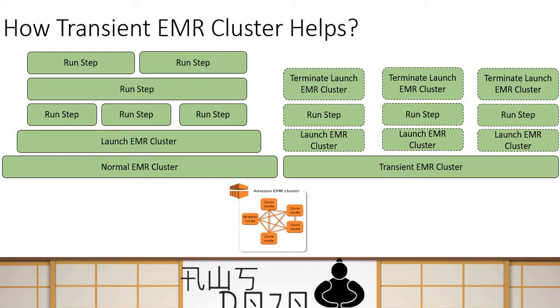But in a transient EMR cluster, you launch the cluster and also define a step at the same time. When you're configuring the cluster, you configure your step also, and then you start the cluster. The cluster starts, runs the steps, and then terminates itself. Configuration wise, it's no different. The only difference is that in transient EMR, you need to have the step configured along with your cluster configuration.